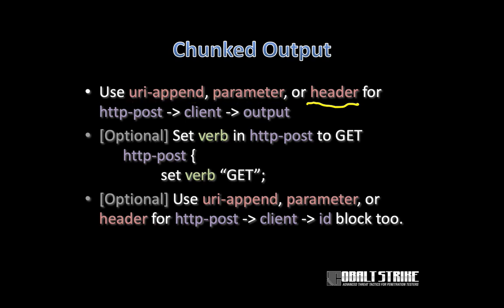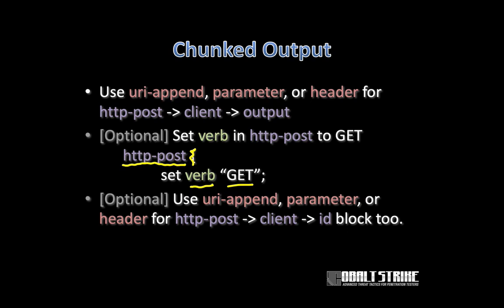So if you want to do get only C2 and you're really interested in the get verb, you can set that. In the HTTP post block, set the verb key to get. And when Beacon sends data back to Cobalt Strike, it will do a get and not a post.